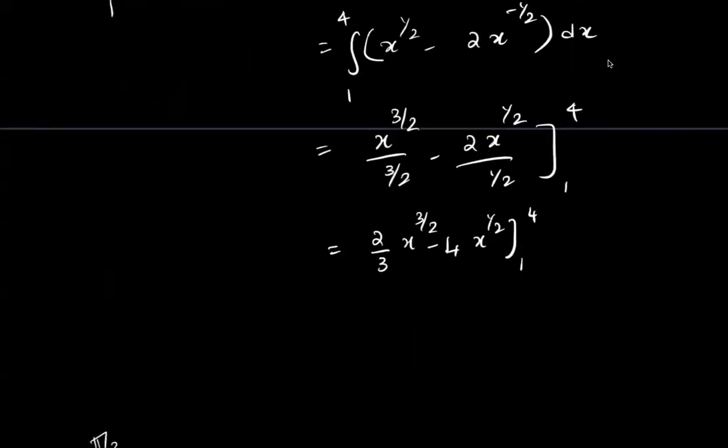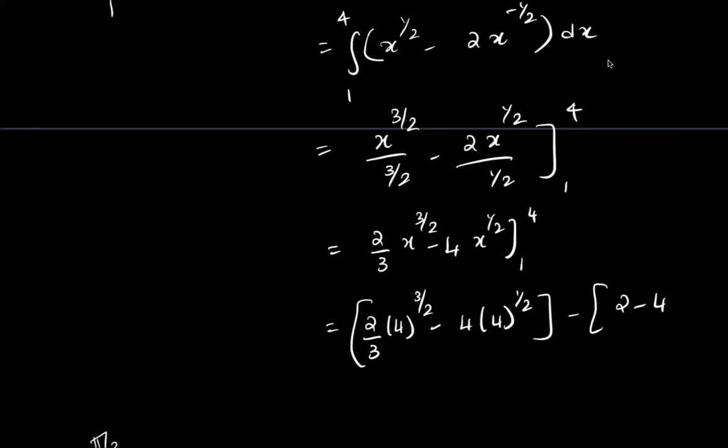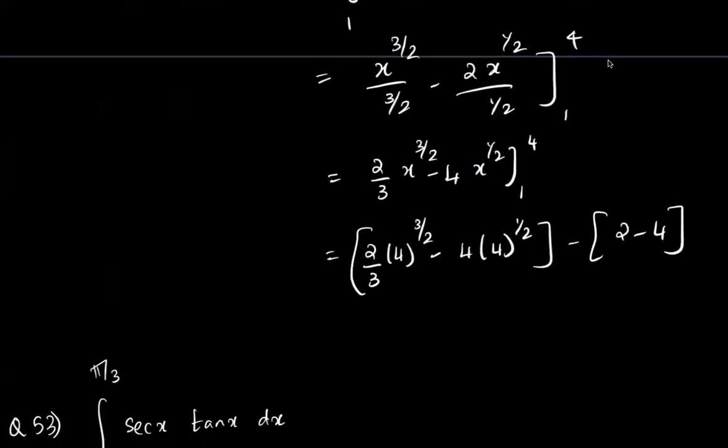Apply the limits. You have 2/3 times 4 to the power of 3/2 minus 4 times 4 to the power of 1/2, all minus 2/3 minus 4. So the square root of 4 is 2, 2 cubed is 8.